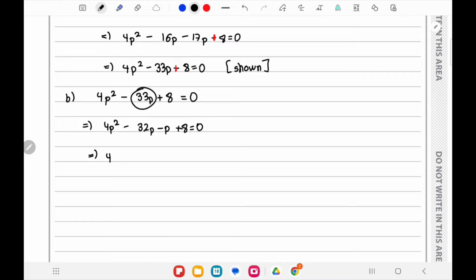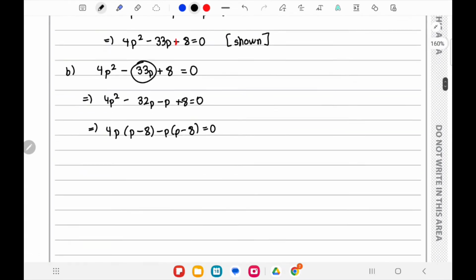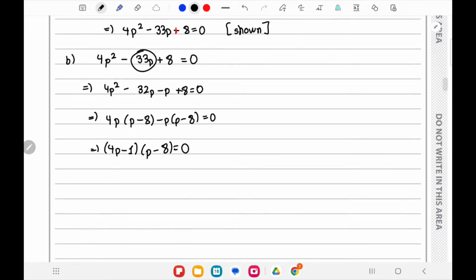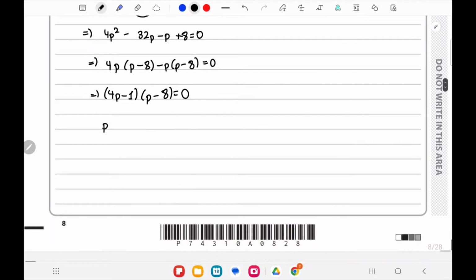So you can take 4p out of the first two terms, p minus 8, minus 1 times p minus 8. You'll get 4p minus 1 times p minus 8 equals 0. So we'll have p equals 1 by 4 or p equals 8.